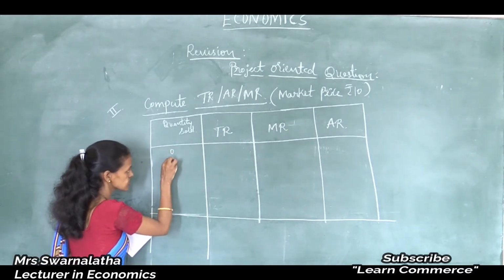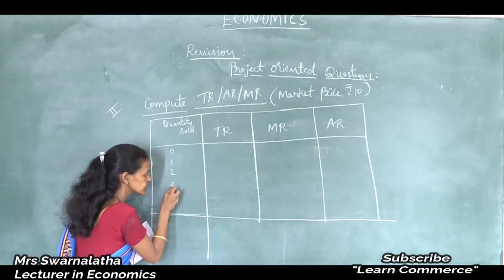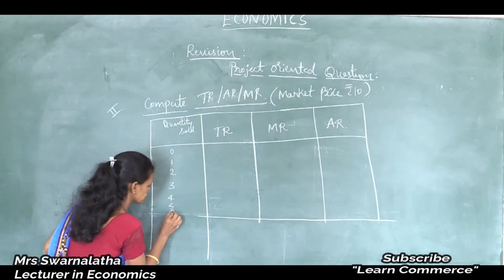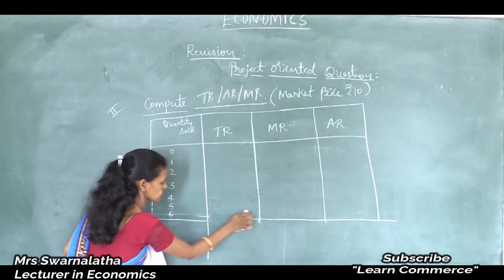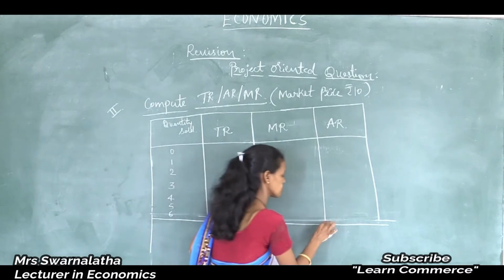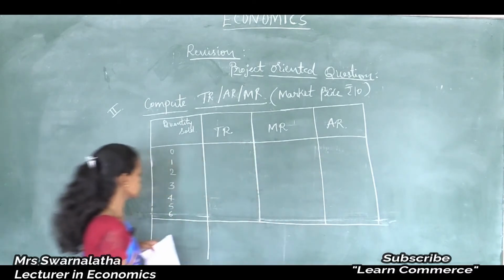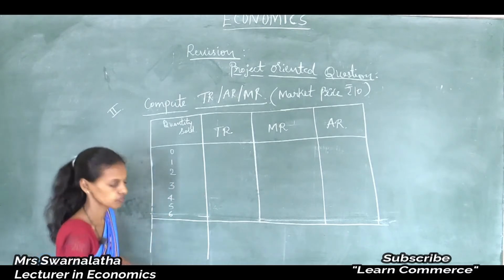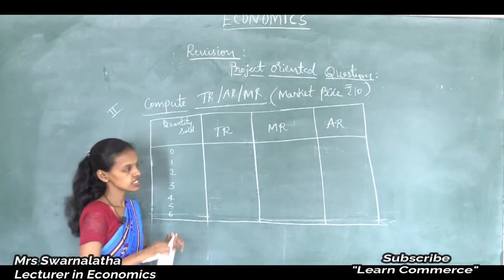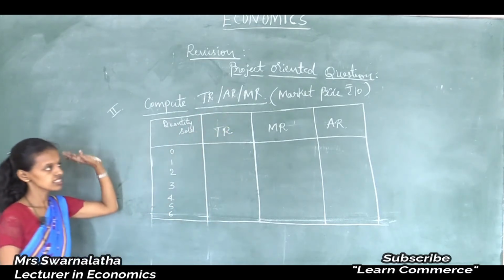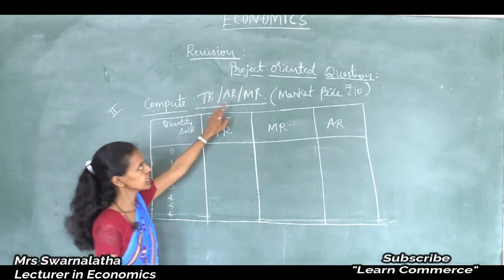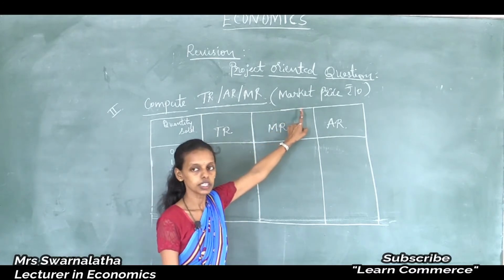Quantity sold is 0, 1, 2, 3, 4, 5 and 6 respectively. Just the price is given as rupees 10, like this the table is given for the exam. You should compute the TR, AR, MR schedule when the market price is rupees 10.